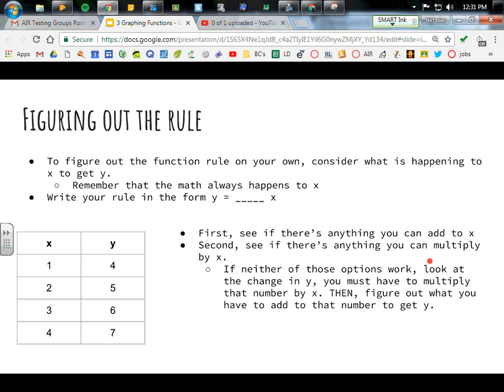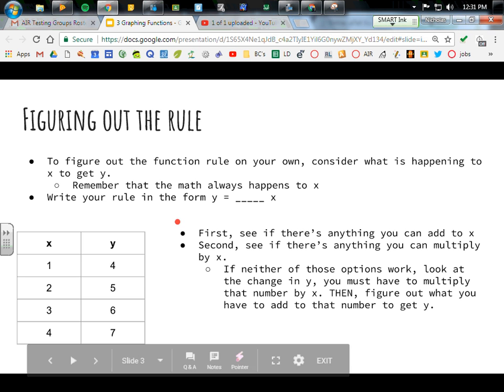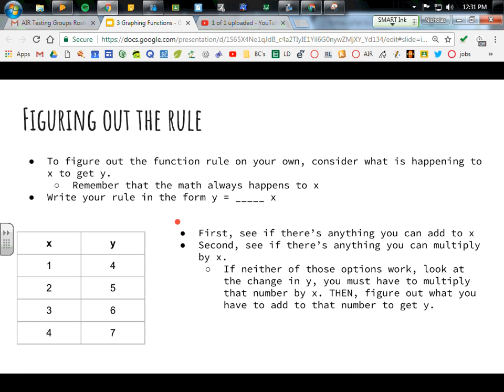We also covered figuring out what the function rule is if you're just given a table such as this one. In order to figure out the function rule, you can go through 3 different trials. It's a trial and error thing, and you're just going to see what works. First, see if there's anything you add to x to get y.